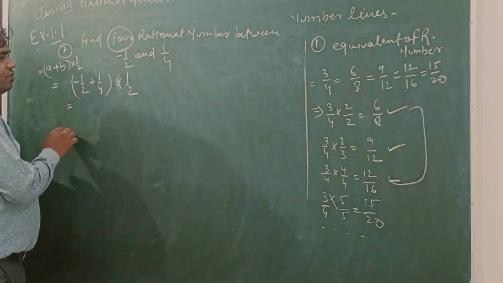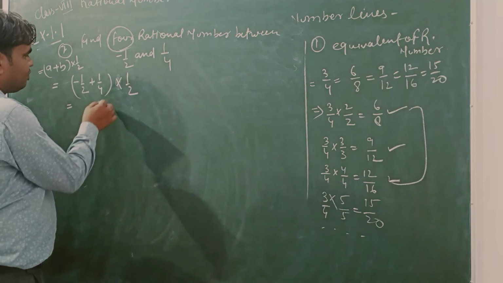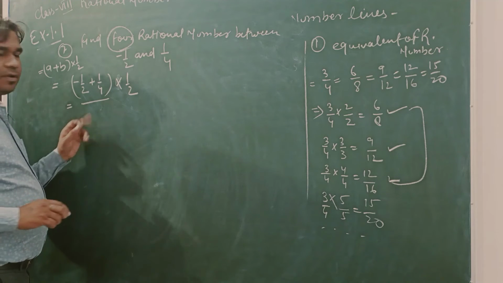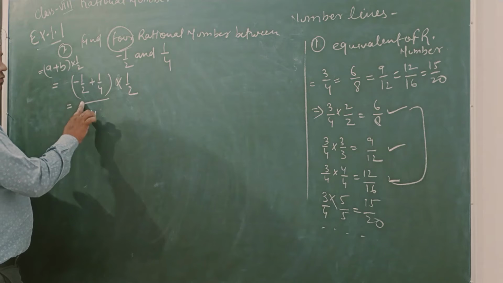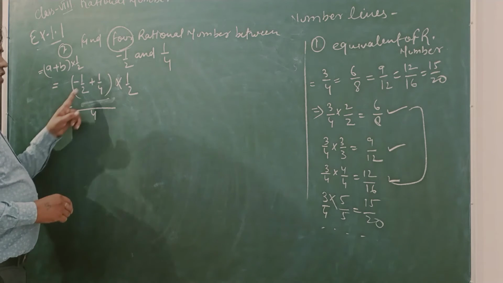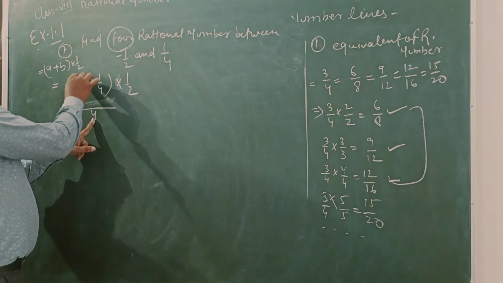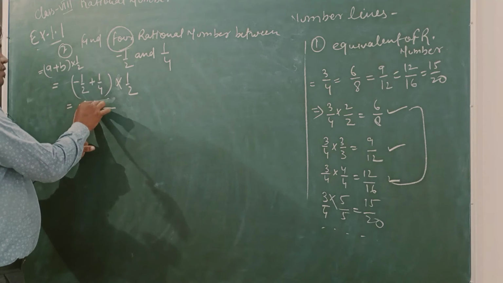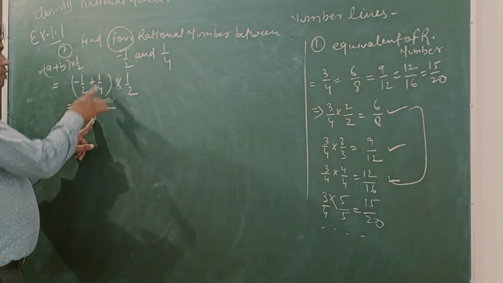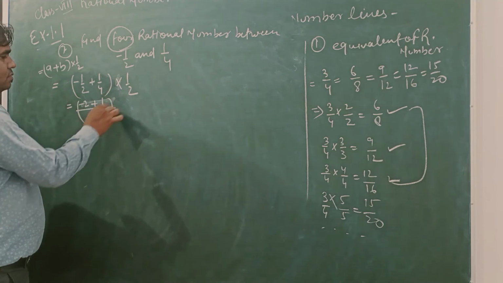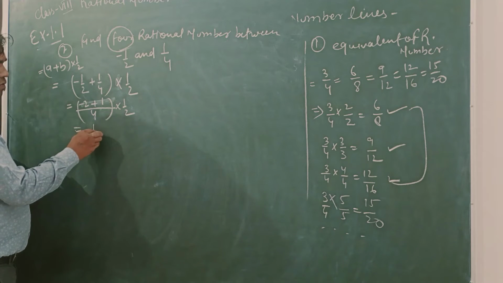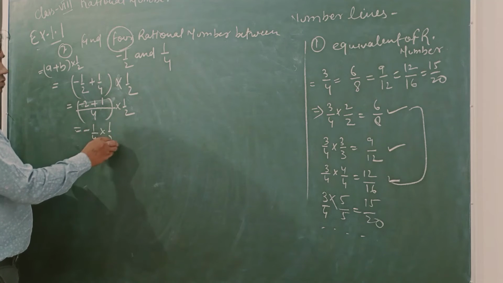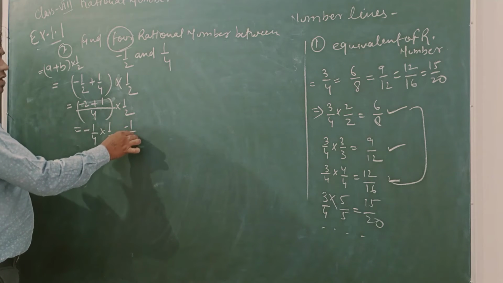After that, you see students, first we take this number and then the other number, so the LCM is 4. So LCM 4: 2 fours are 8, and 1 four is 4, so minus 2 plus 1 over 4. Here 1 over 2 means we get minus 1 over 4, and multiplied by 1 over 2, it means to say minus 1 over 8.